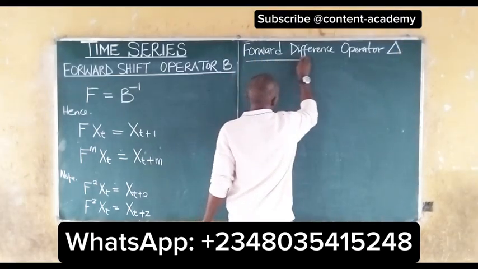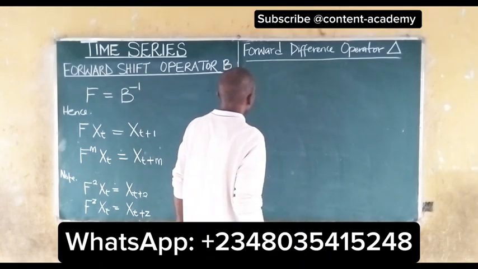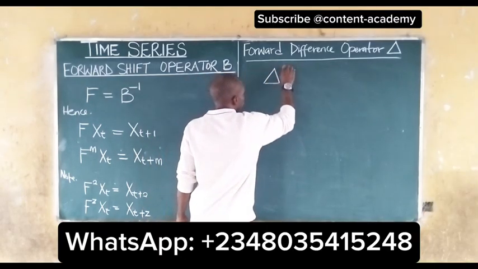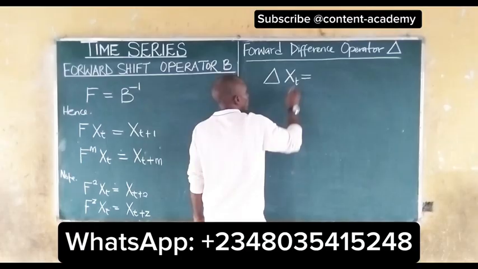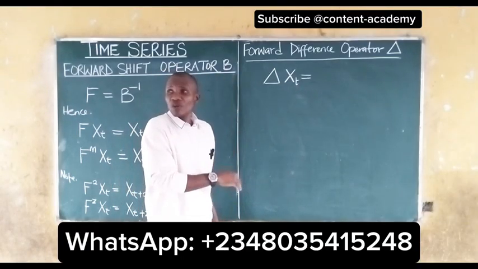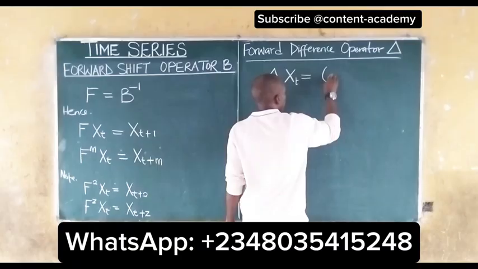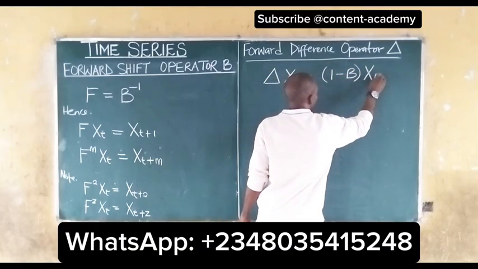So that is the operator. How does it work? It works just opposite to the backward shift, just the way the backward shift works but in the opposite way. Now we have this to be 1 minus B, our operator, applied to Xt.